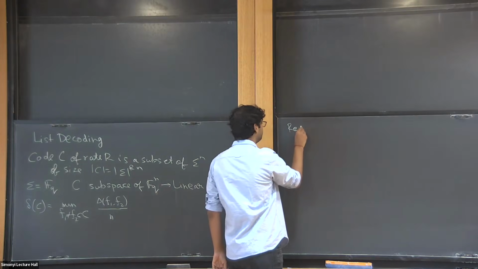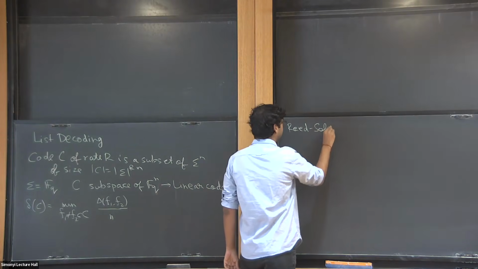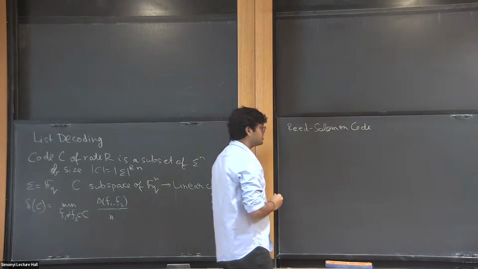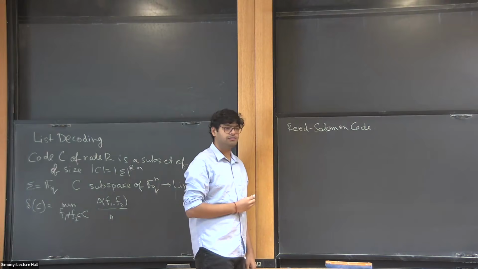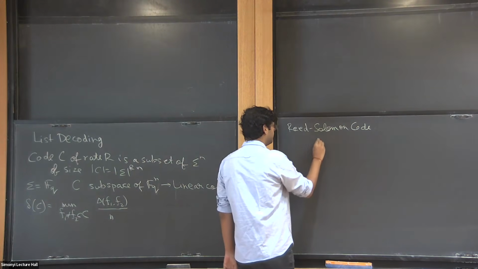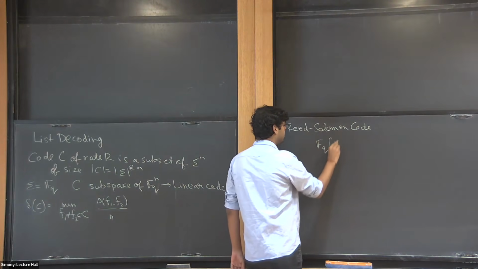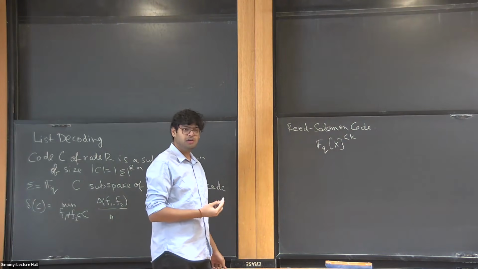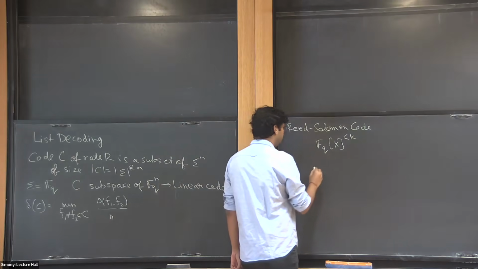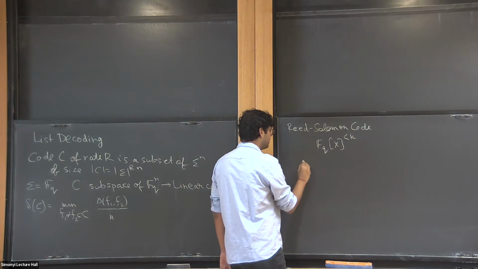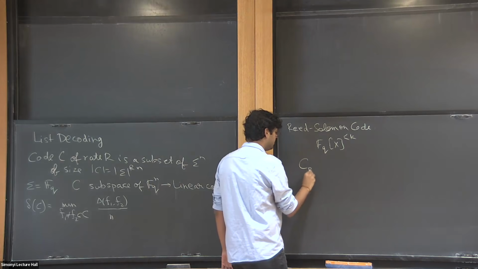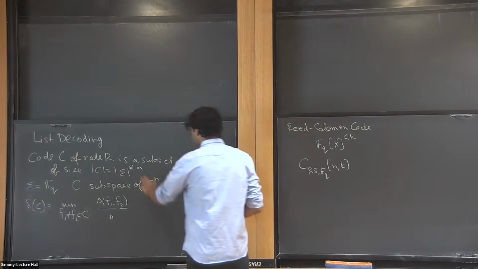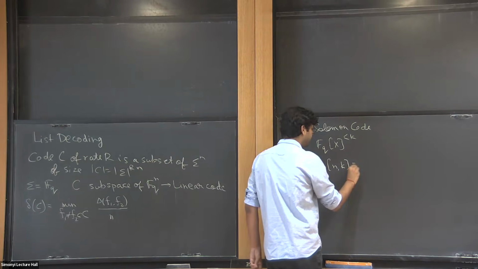The quintessential example of a code is the Reed-Solomon code, which is based on bounded degree polynomials in a finite field. So this is the set of all univariate polynomials over the finite field F_q of degree less than k. The code C, I should mention n here is called the block length of the code.